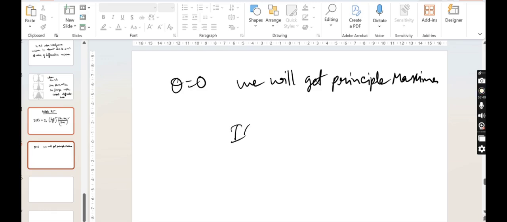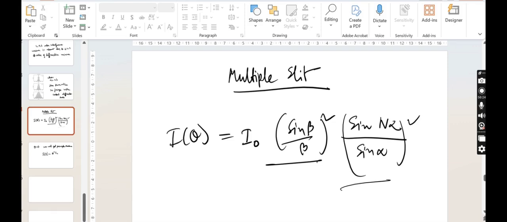So the result of intensity depends on this factor and this factor.